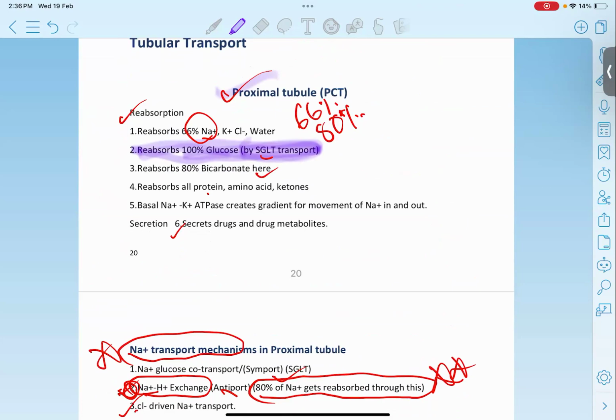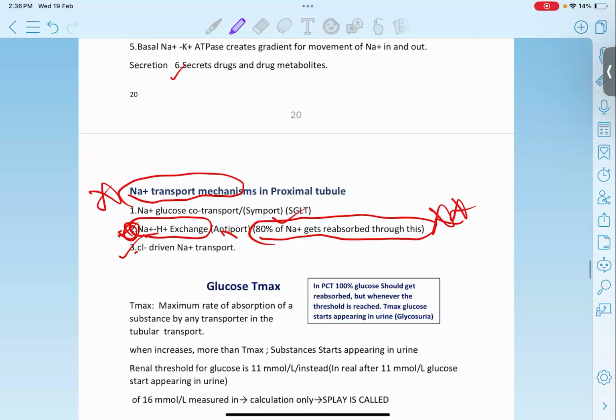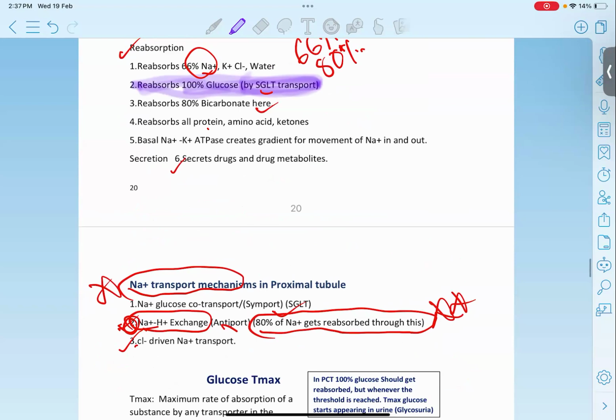That means for a normal person, urine should never contain any glucose. Why would urine contain any glucose? Because in the PCT, through SGLT transport, 100% of glucose gets reabsorbed. So there is no excretion of glucose in the urine.